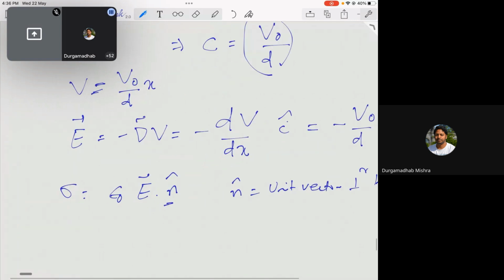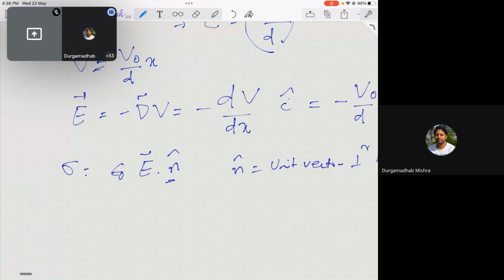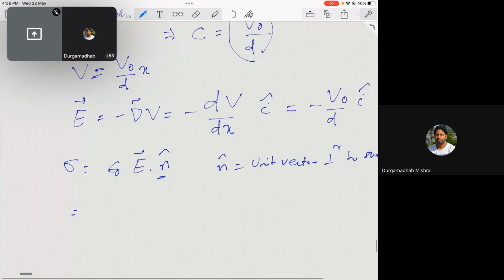So E dot n cap is nothing but the normal component of the electric field perpendicular to the surface. Since we know the electric field is minus V0 by d, and the perpendicular n cap here will again be simply i cap.